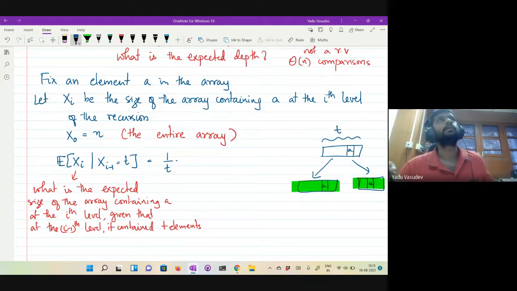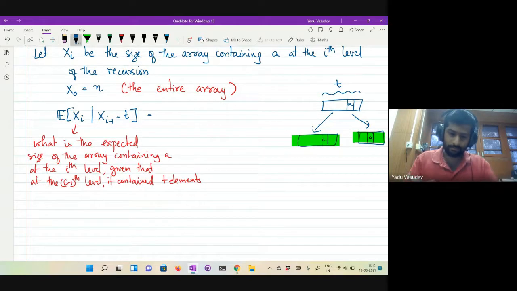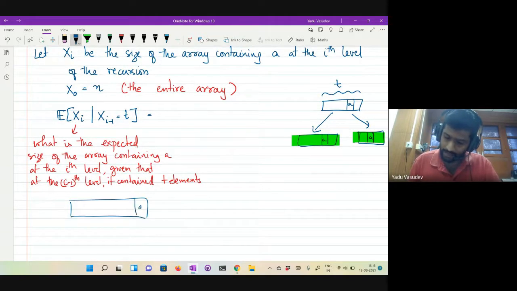No, just a minute. I don't fully understand this. Say A is the largest element. Say you have this, and A is here.